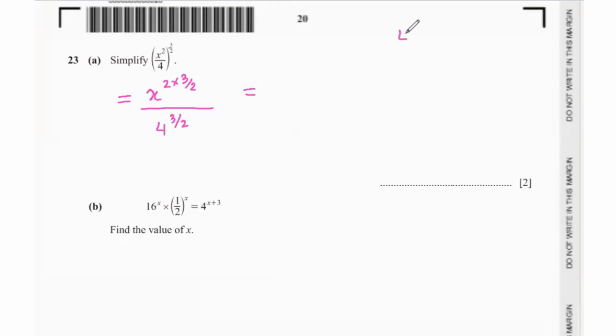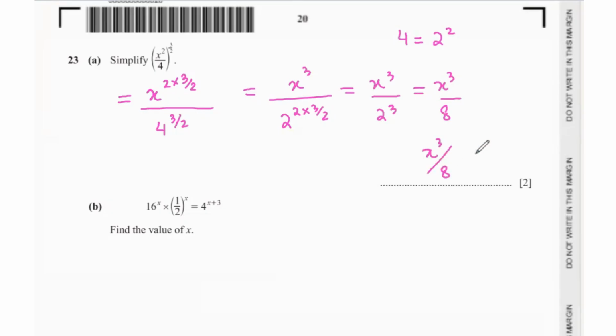Now 4 is the same as 2 squared. So let's rewrite 4 as 2 squared. So it's 2 times 3/2 now. And over here, 2 times 3/2 is 3. So x cubed, the 2 is cancelled over here as well. So x cubed over 2 cubed, which is x cubed over 8. So this is our simplified answer.